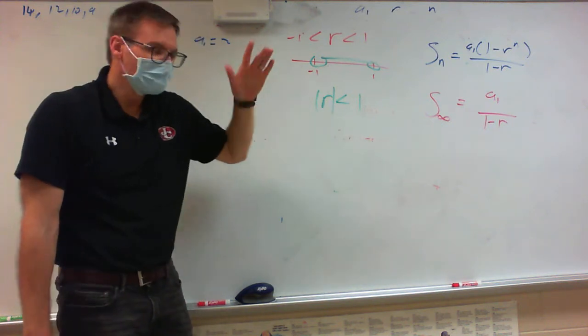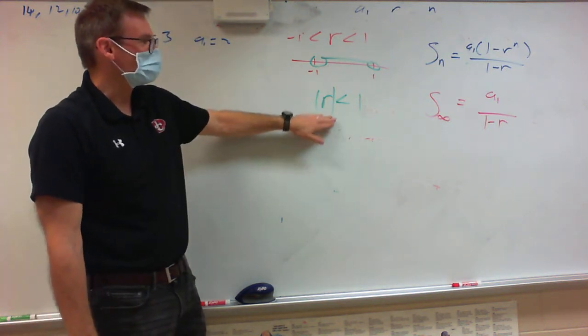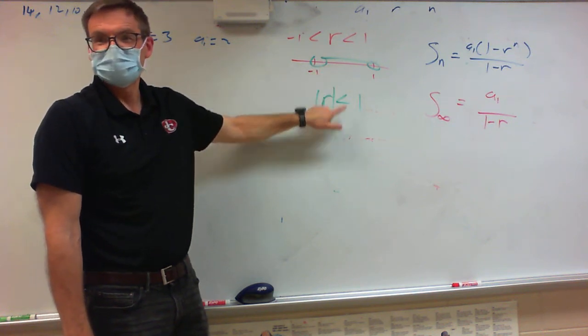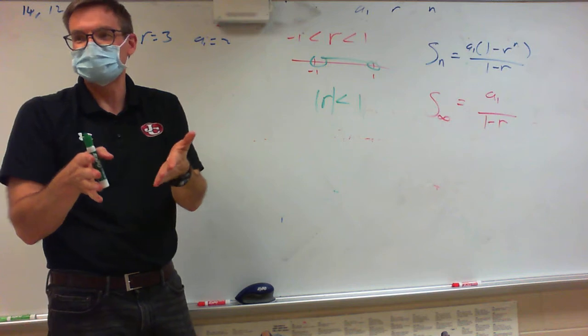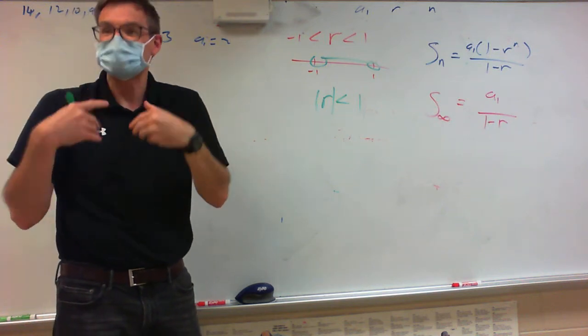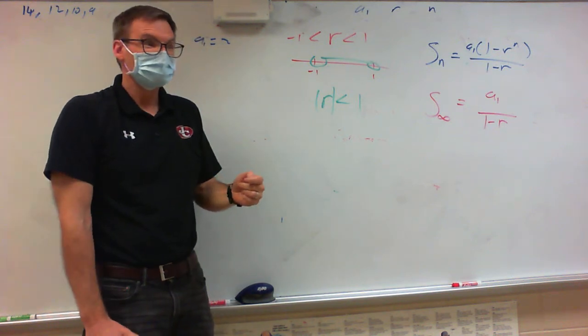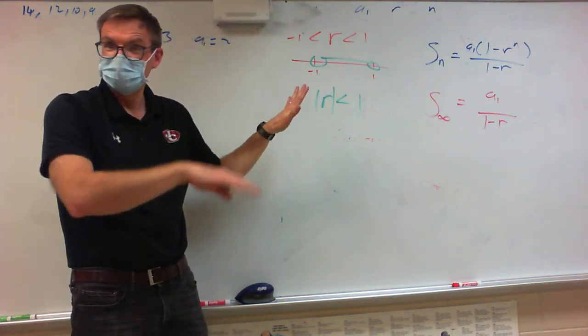And believe it or not, this is actually describing the same picture. If you take the absolute value of your common ratio, you want to make sure that that's less than 1. That guarantees that you're in this range. All right, are we okay with this?